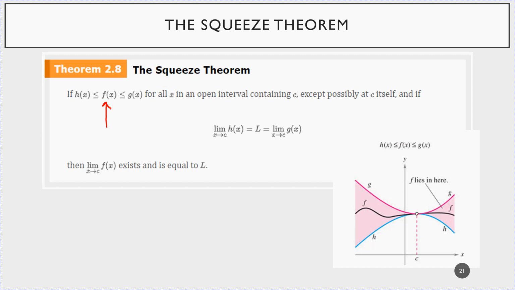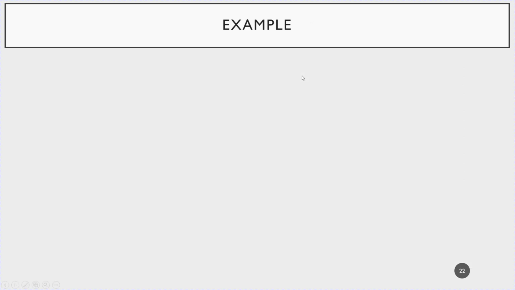So let me just show you a visual of this, so you can see. Suppose you have h of x less than or equal to f of x, which is less than or equal to g of x. And I tell you that h of x, 4 minus x squared, is less than or equal to some function f of x, which is less than or equal to 4 plus x squared.